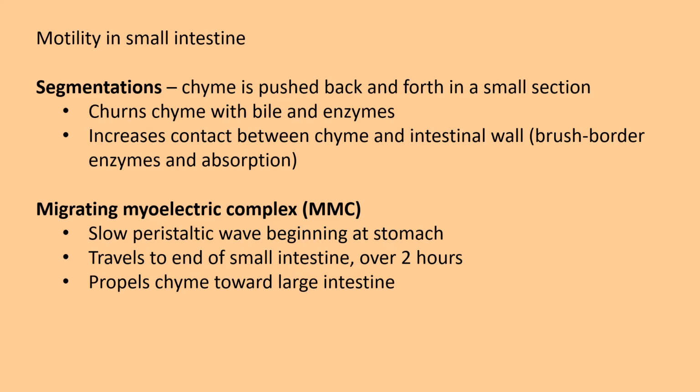And that takes 2 hours. And so movement through the small intestine is pretty slow. The more time food material spends in the small intestine, the more opportunity there is for chemical digestion as well as absorption.